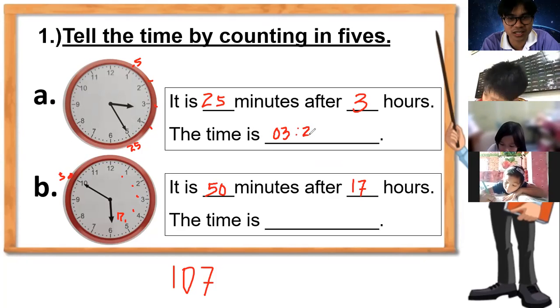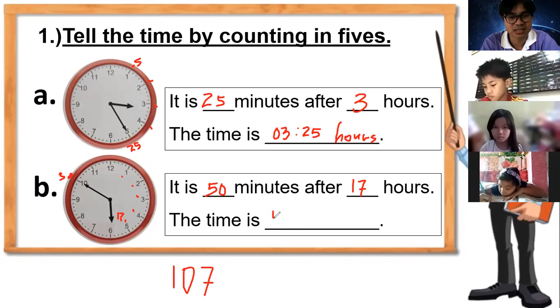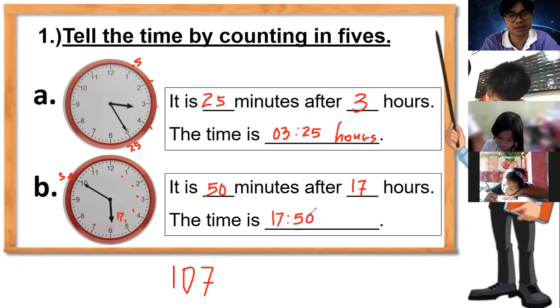We forgot to put here the time, 3:25 hours. Okay, 3:25 hours. And the letter B, the time is 17:50 hours. 17:50 hours. Okay.